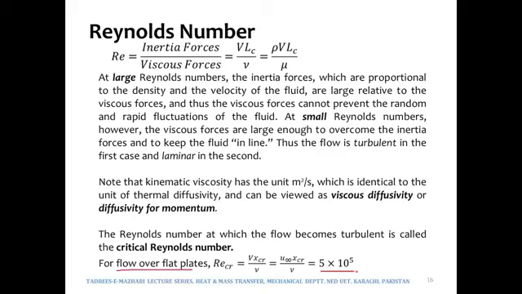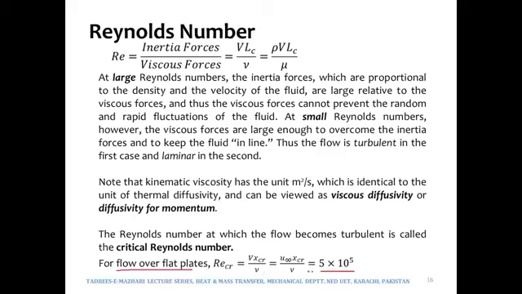So if the value of the Reynolds number is less than this value, we will determine that the flow is laminar, and if the calculated value of the Reynolds number is greater than this value, then the flow would be termed as turbulent. And it is V times characteristic length, which we may call as X critical, over the viscosity.